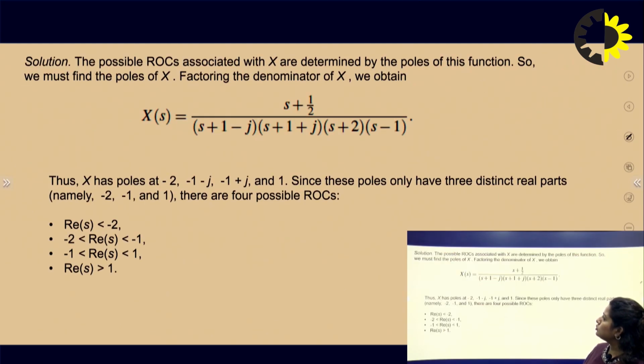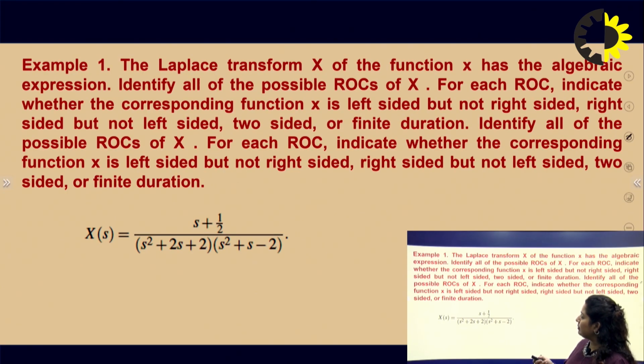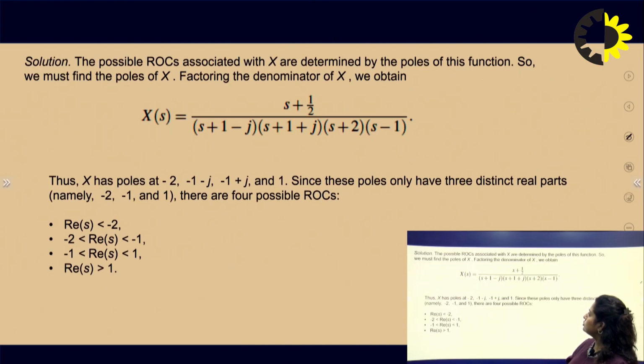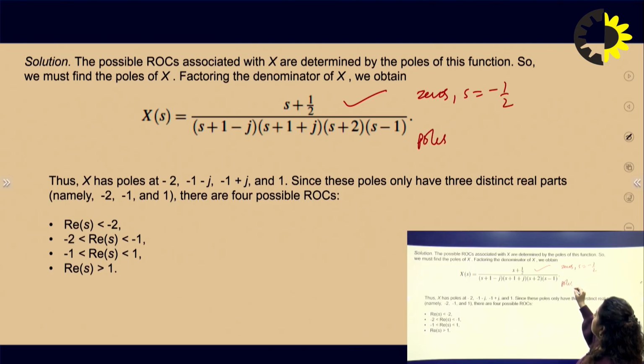When we solve here, in the upper part we have s plus 1/2, which shows the zero. So we have one zero at s equivalent to minus 1/2, and poles at minus 2 and 1, because s plus 2 and s minus 1, and also minus 1 plus j and minus 1 minus j.